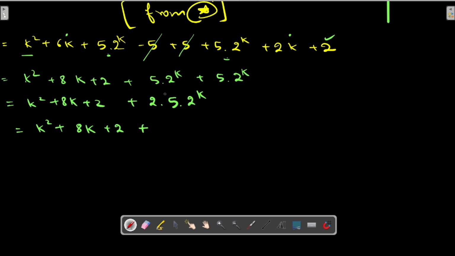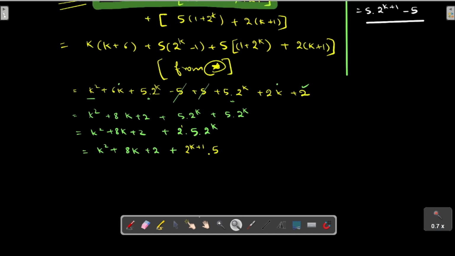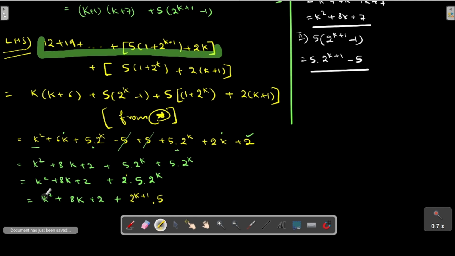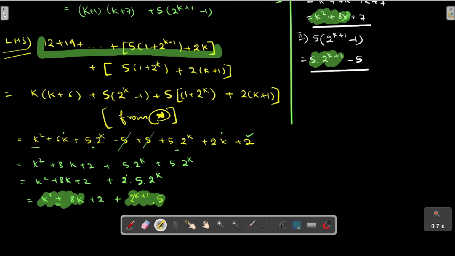This 2 is basically 2 to the power of 1, right? So 2 to the power of 1 and 2 to the power of k. So this becomes 2 to the power of k plus 1 times 5. Now let's have a look. We have this term and this term as well. Right.